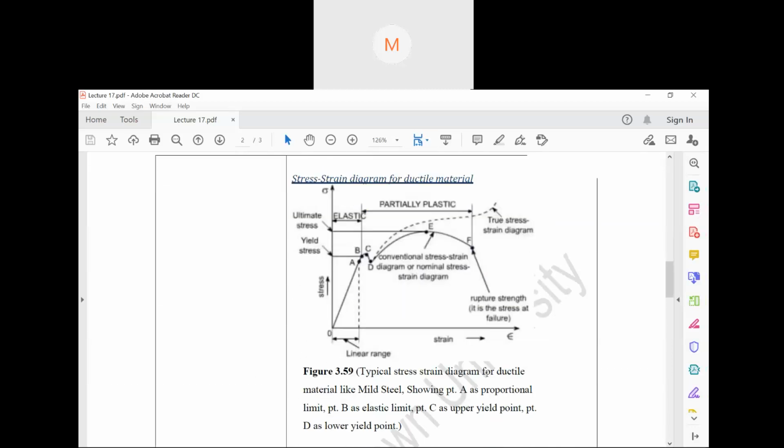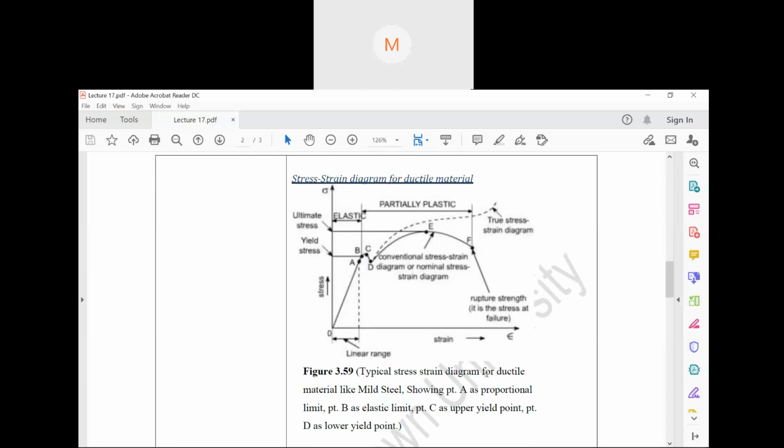Now let us see the stress strain diagram. This is a very important diagram. So, the stress strain diagram for a ductile material. If you see here, Hooke's law remains valid up to a certain point.